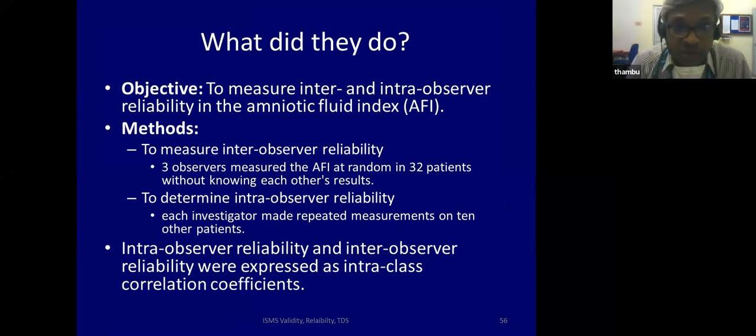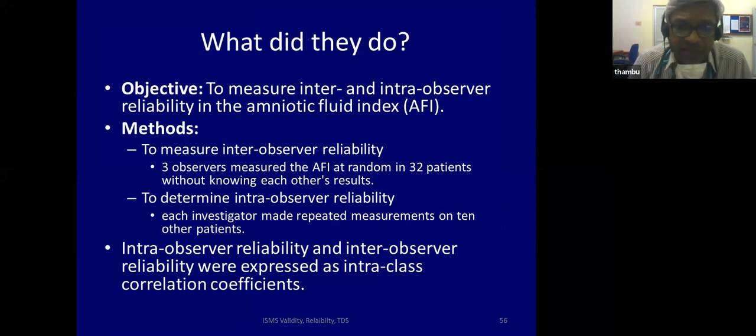So what did they do? The objective was to measure the intra- and inter-observer reliability of the amniotic fluid index. For the methods, three observers measured the AFI at random in 32 patients without knowing each other's results.